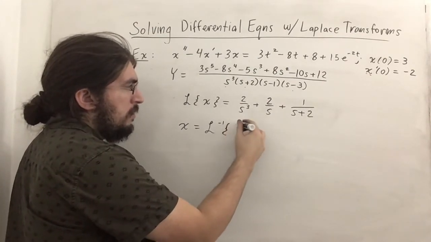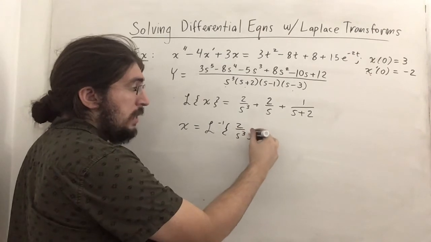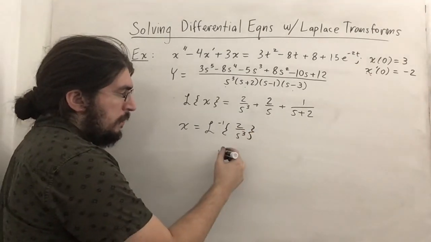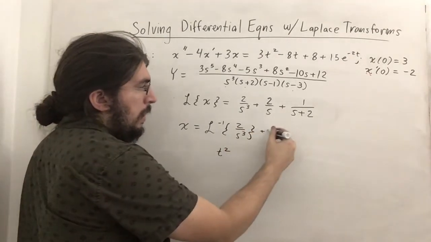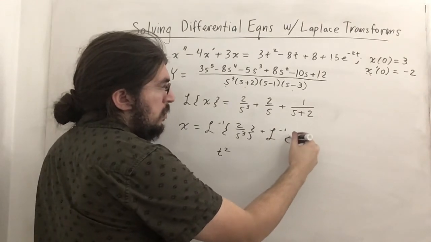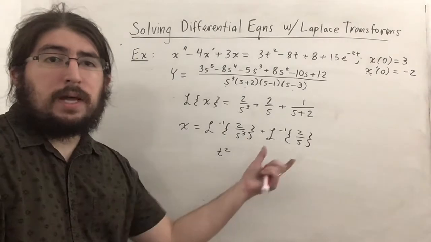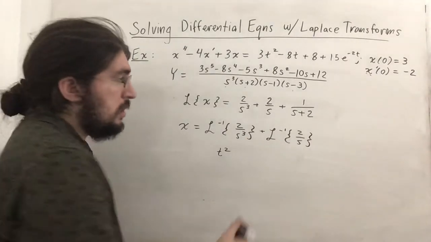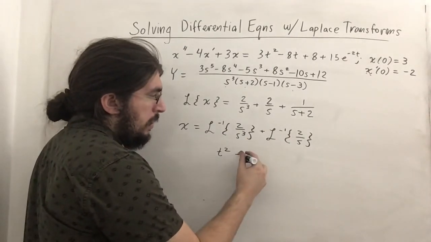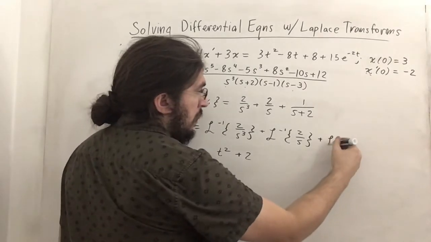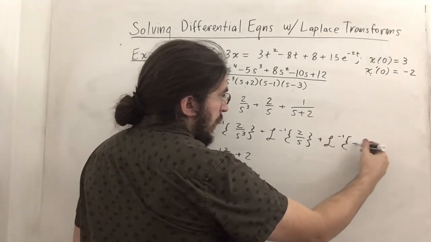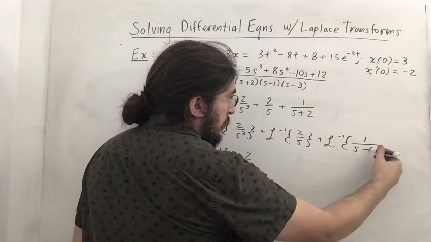Now, Laplace inverse of 2 over s cubed, that's actually known as is, and that's just going to be, well, t squared. Laplace inverse of 2 over s, I guess you can pull out the 2 if you want, but Laplace inverse of 1 over s is just 1 actually. So this is plus 2. And then finally Laplace inverse of, it would probably be helpful to write this as 1 over s minus negative 2.